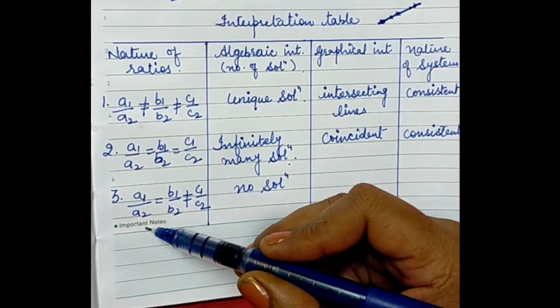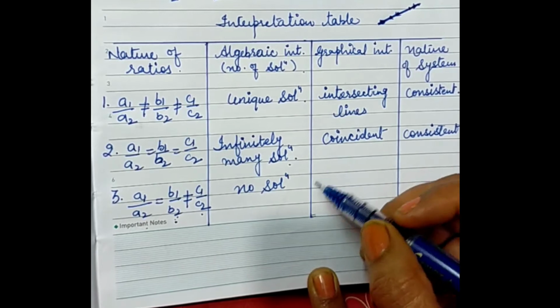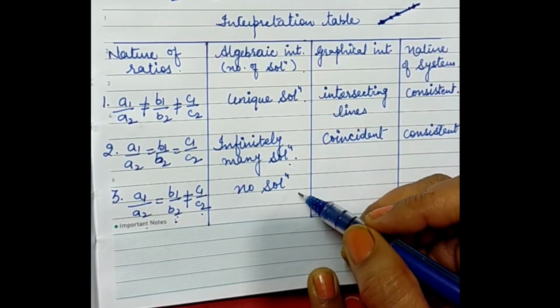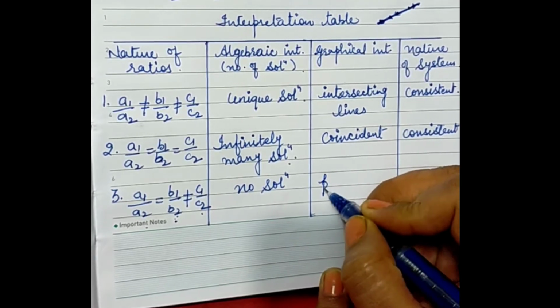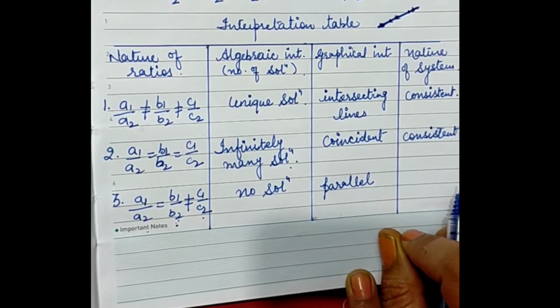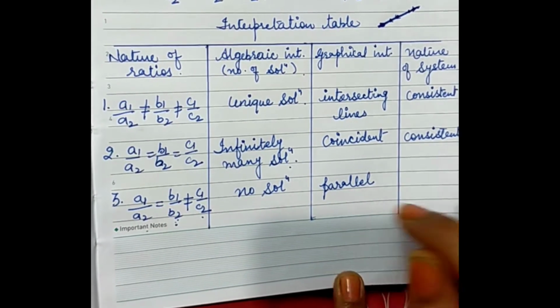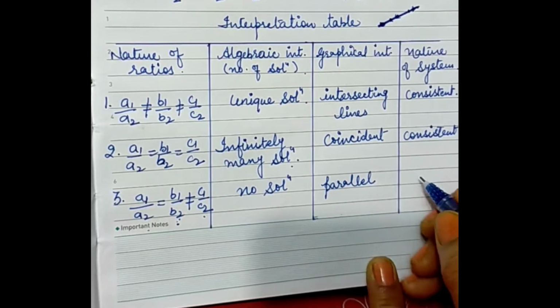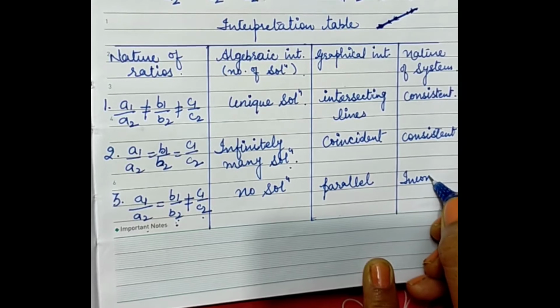So the first pair should be equal and the other should be unequal, then there will be no solution. In such a case where there is no solution, the lines will be parallel. You know that parallel lines never meet, and if the lines are not meeting, that means there is no solution. And if there is no solution, the system will be inconsistent.